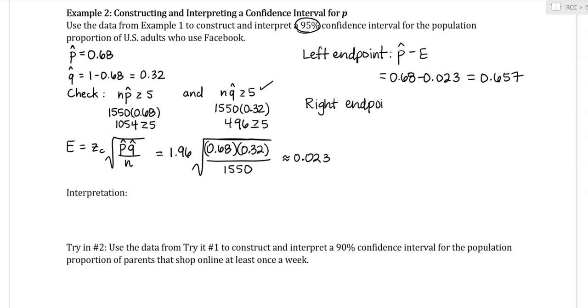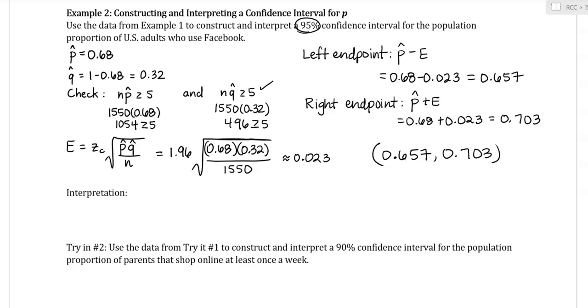We find the right endpoint by taking the sample proportion p hat and adding the margin of error E. So we have 0.68 plus 0.023, which gives us a right endpoint of 0.703. So now I can say that our confidence interval is from 0.657, the left endpoint, to 0.703.